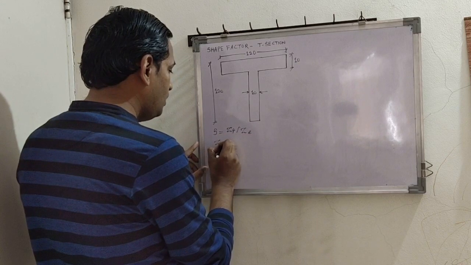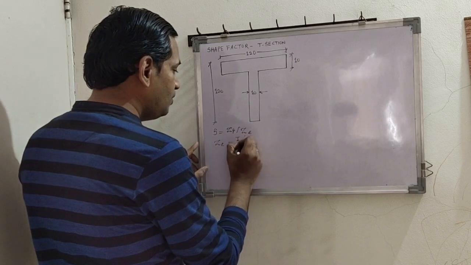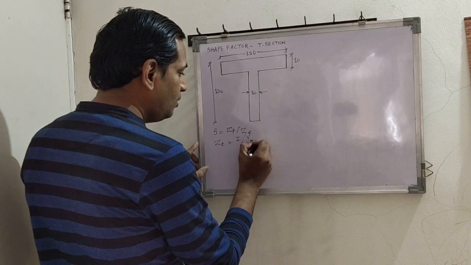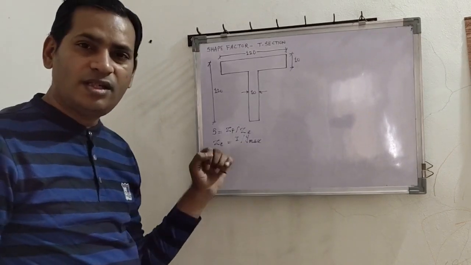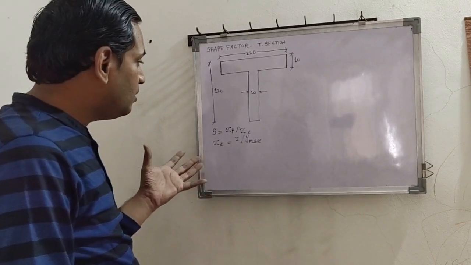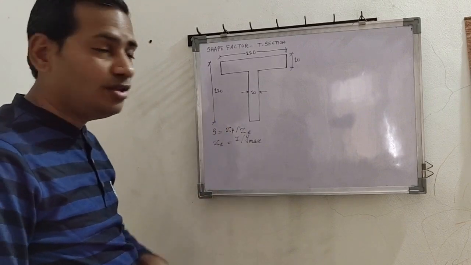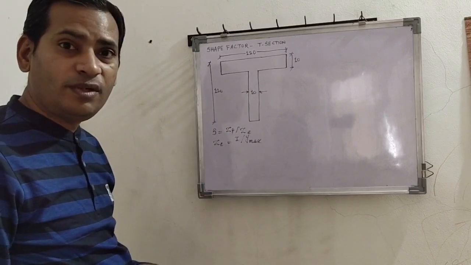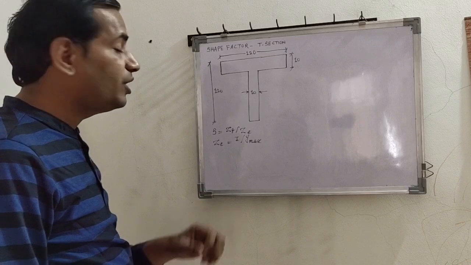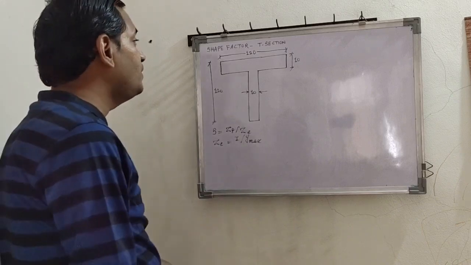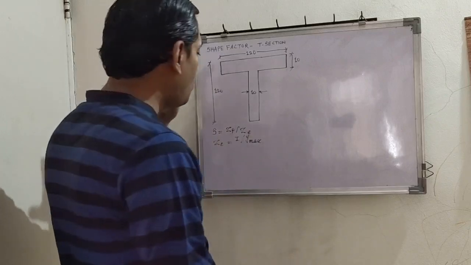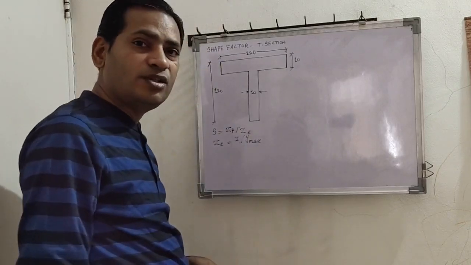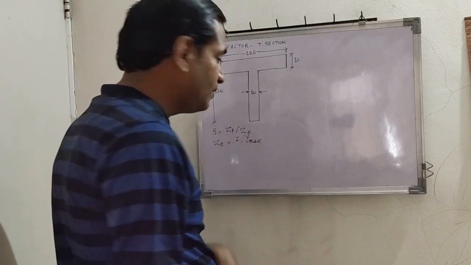Finding out ZE is using this formula as usual, I upon Y max. Finding out I involves a little bit of calculations because we need to locate first of all the location of neutral axis. So we shall assume our reference line is top, and with respect to top we shall find out the location of neutral axis.